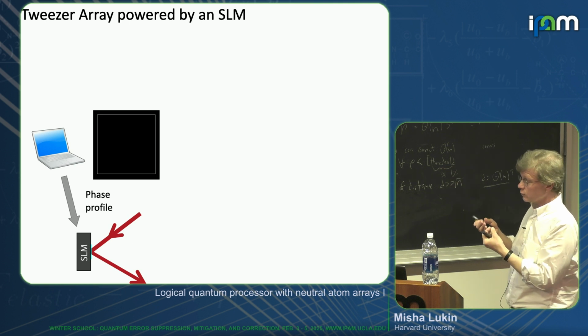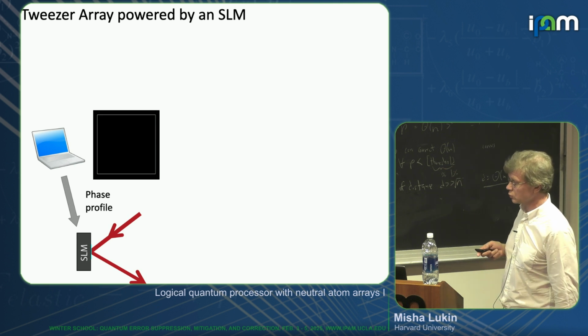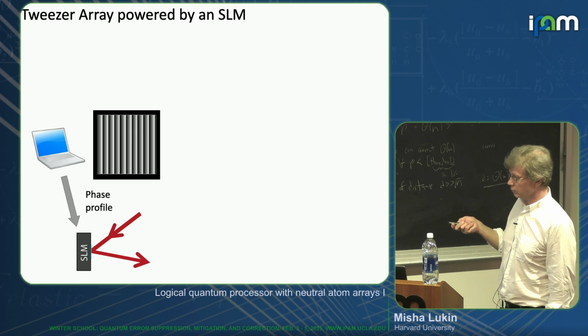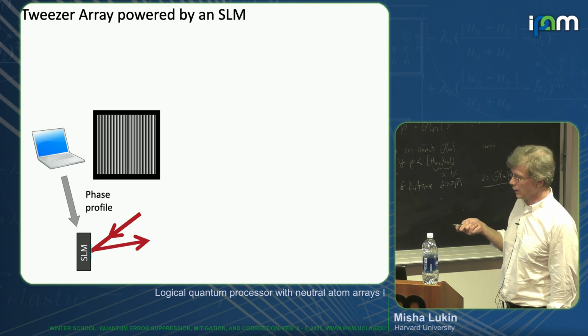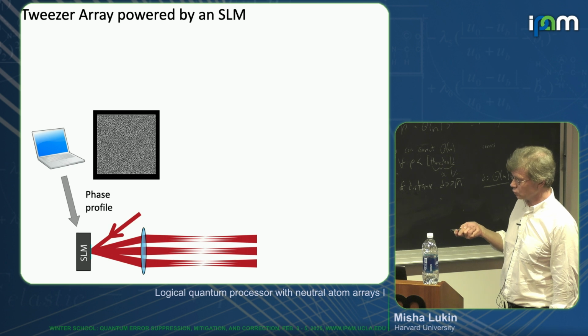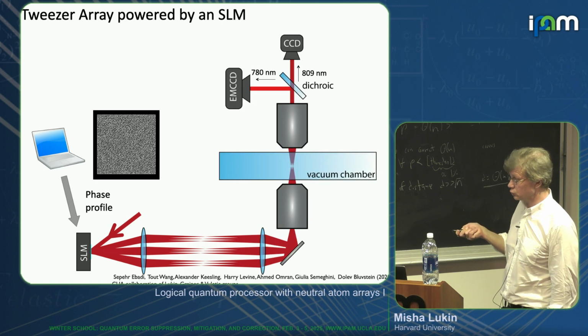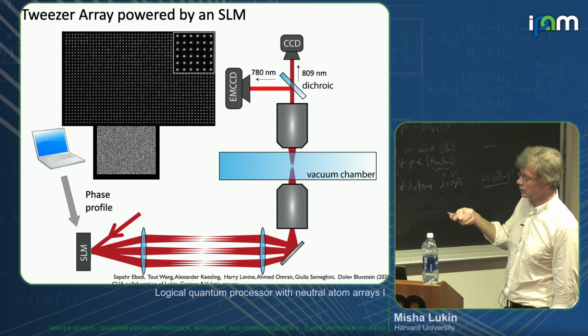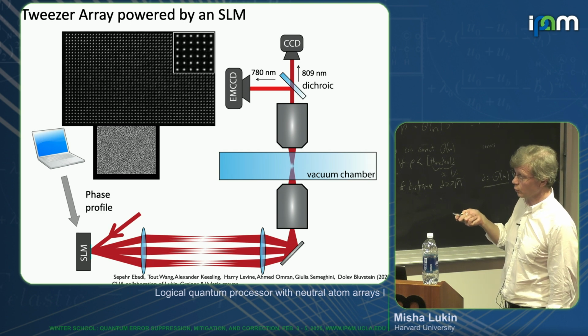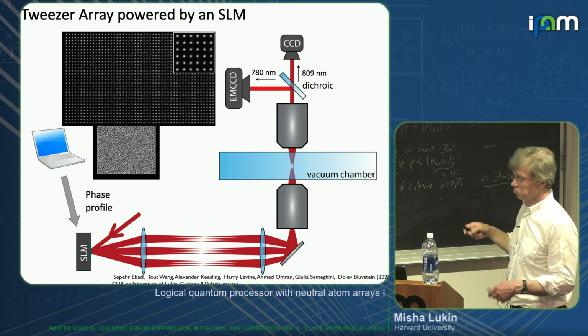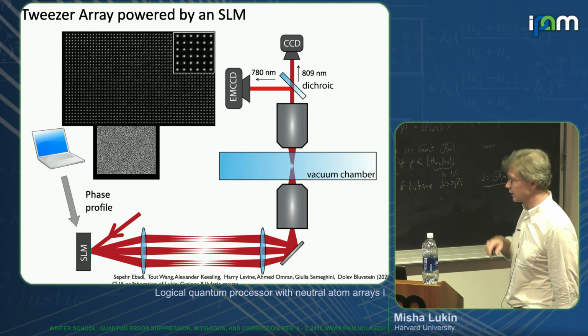So it's essentially a computer-generated hologram, which you can program to deflect the light in a certain way. And if you do it correctly, you can form this kind of arrays of two-dimensional laser spots, which you project in the vacuum chamber. Basically, it creates this array of optical traps, thousands, actually tens of thousands by now.